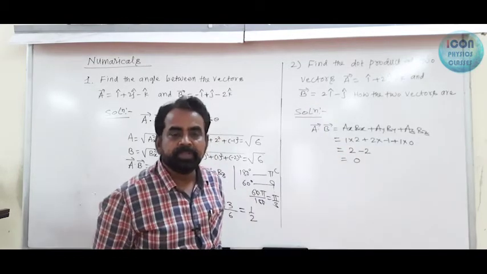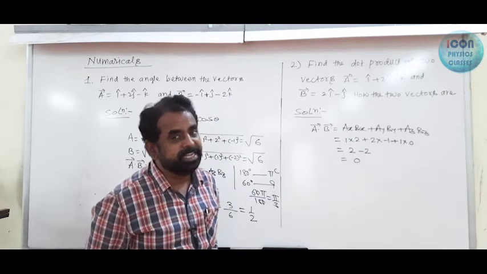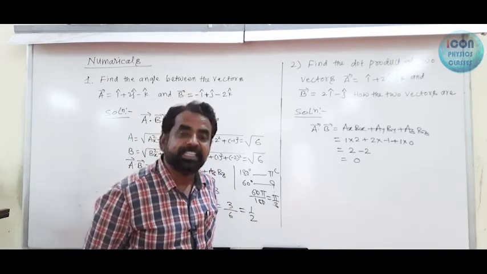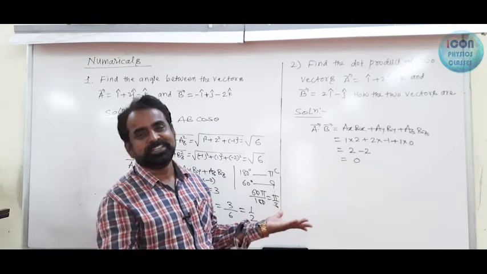Tell me, the dot product of two vectors is 0. Then what do we say? When the dot product of two vectors is 0, we say that the two vectors are mutually perpendicular to each other.